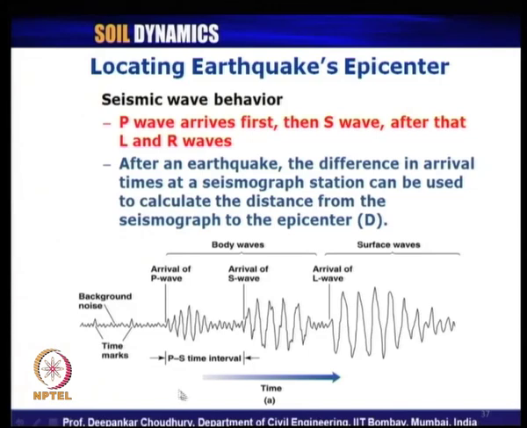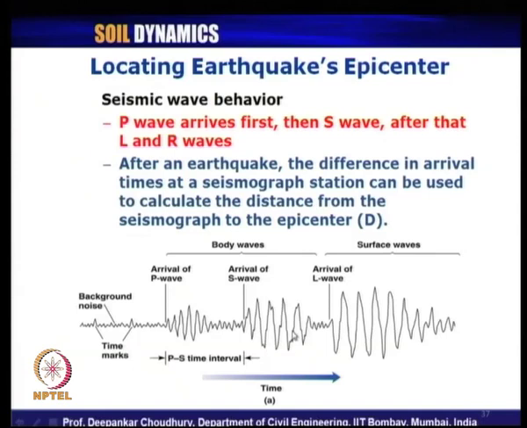So, as I was mentioning, there is a substantial difference between the time of P wave arrival and S wave arrival in a seismogram, provided there is one condition. Remember, the station should not be located in a shadow zone of either of these two waves.